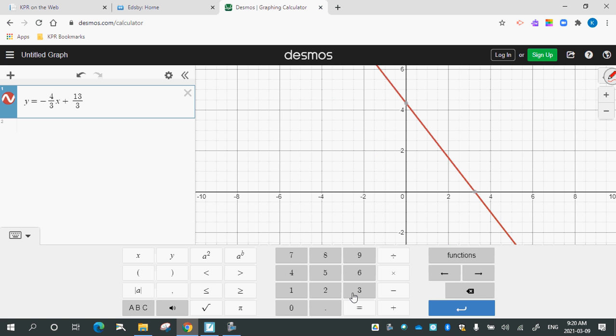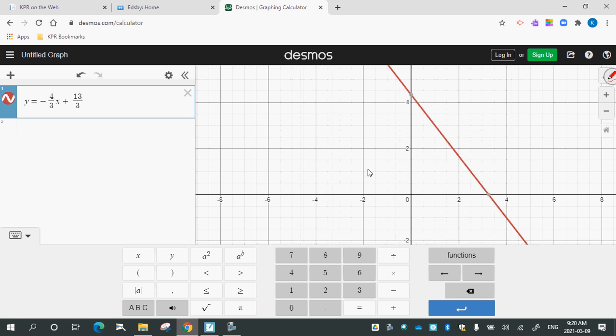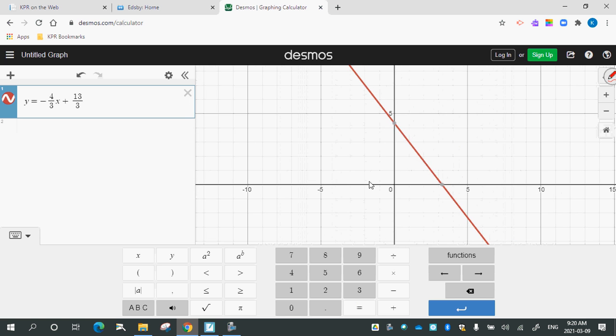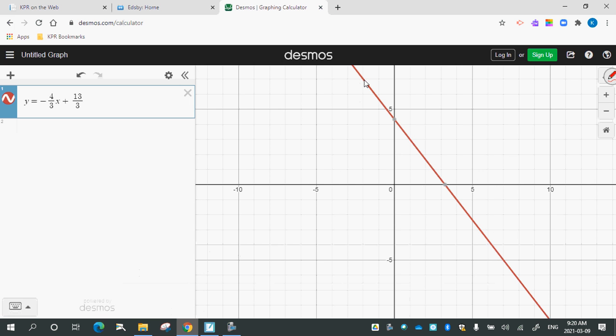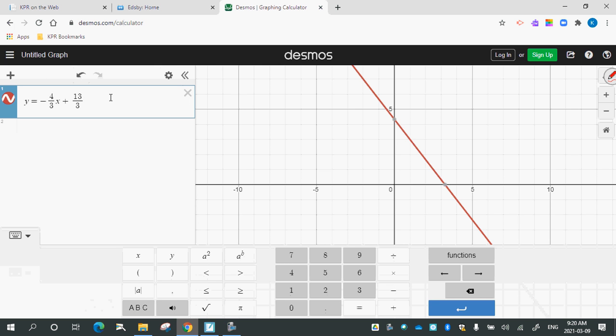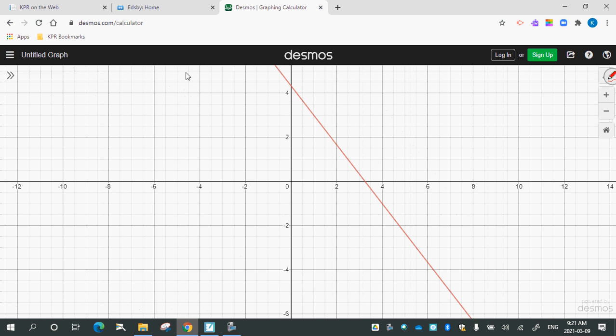So there's my line. Now what points did we think were on it? -2 and 7. So -2 and 7 is right there. I think you can actually put a table on, but I don't remember how.